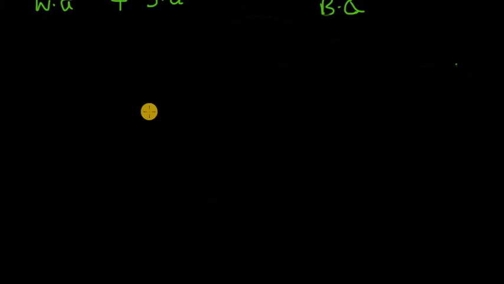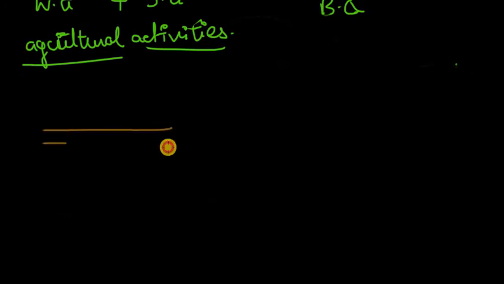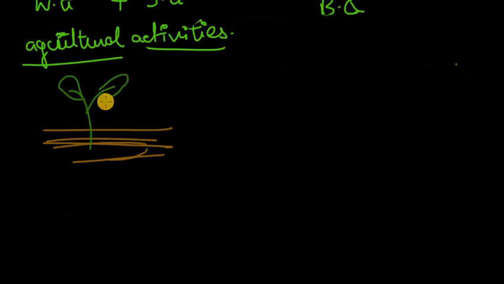Now let's look at the last example, agricultural activities. Let's say a plant is grown by a farmer, and the soil of this plant is acidic in nature.